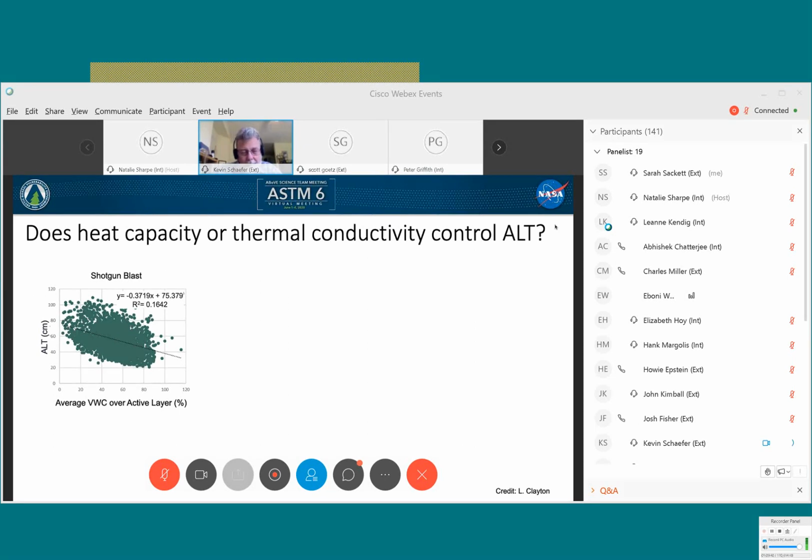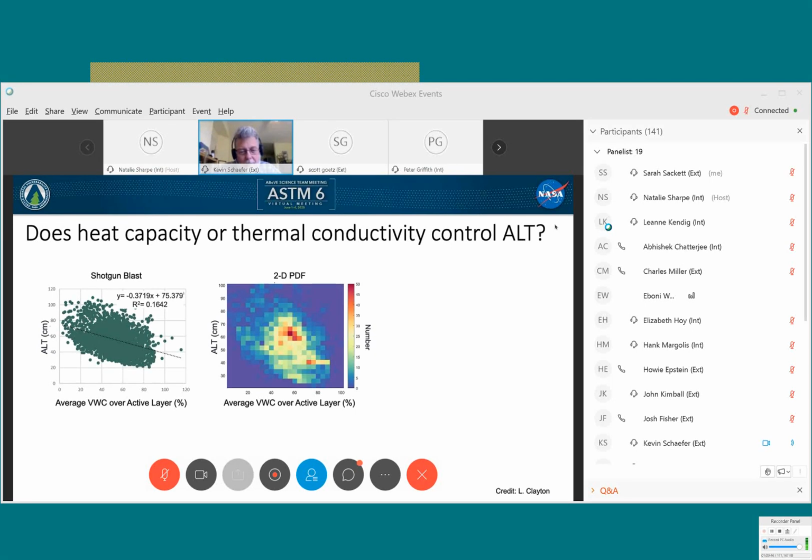So what we did, next please, is we created a two-dimensional probability density function. On the horizontal axis, you get the average volumetric water content over the whole active layer, and we put that in bins, and then we created bins for active layer thickness to get this two-dimensional probability density function.